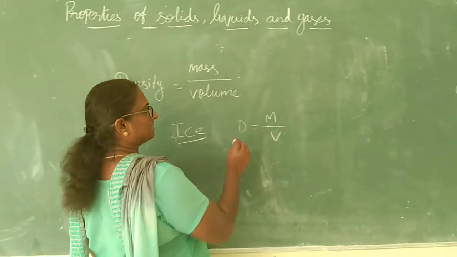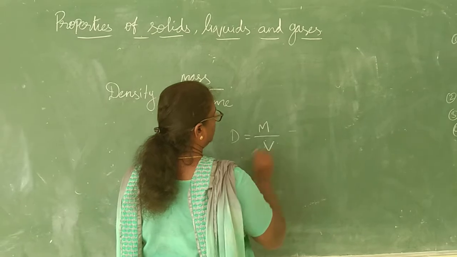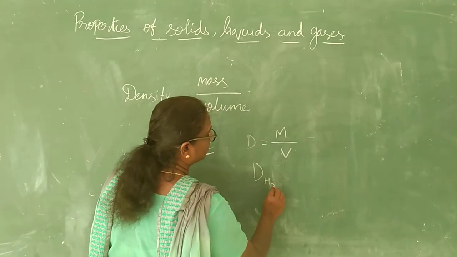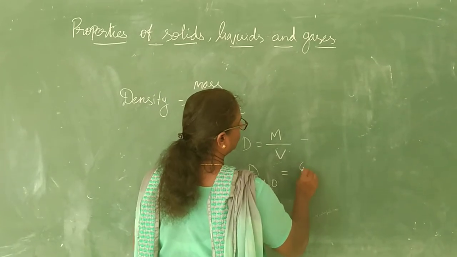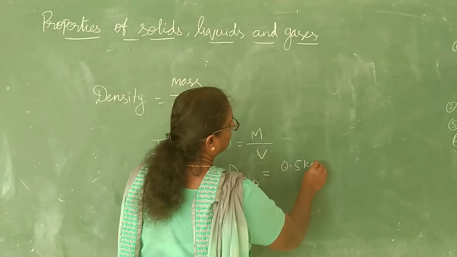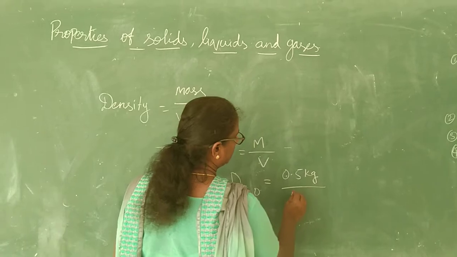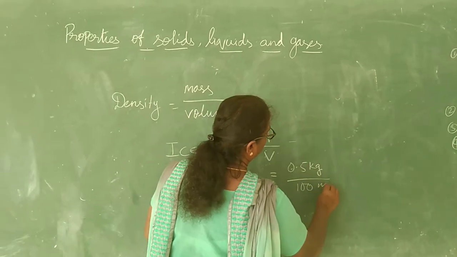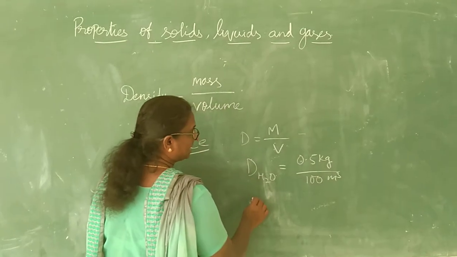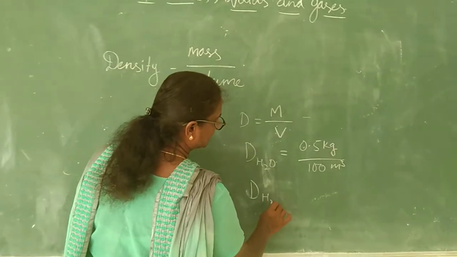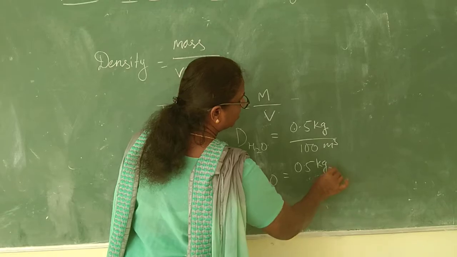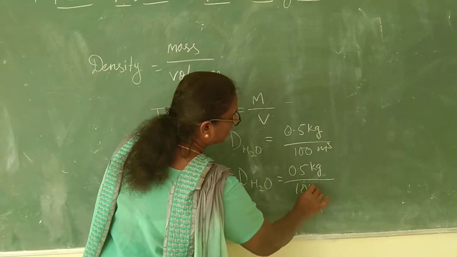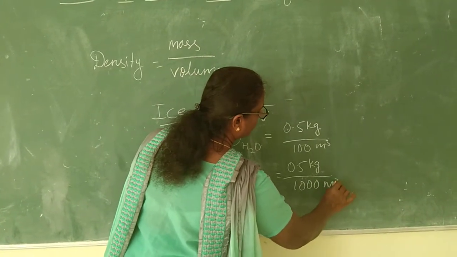For example, let us take the density of water. The mass is half kg, 0.5 kg, and the volume, for example, let us take 100 meter cube. Now in the second case, if it is ice, 0.5 kg remains the same, but the volume increases, it becomes 1000 meter cube.